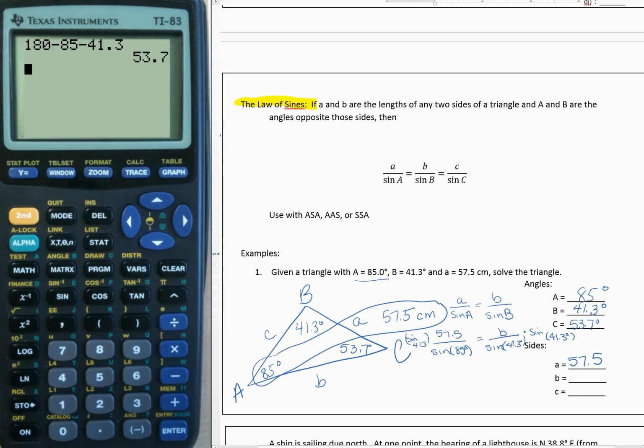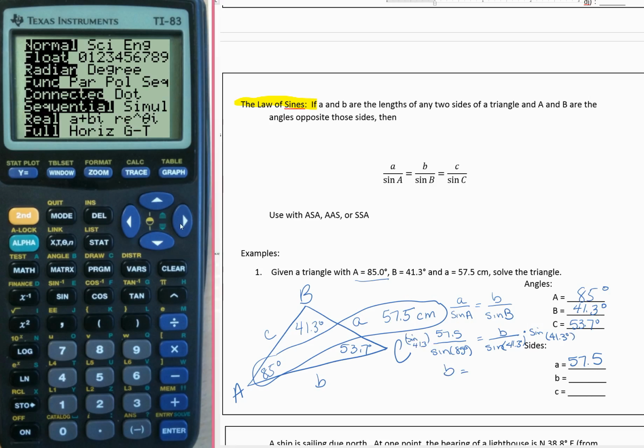So in our calculator, to find b, make sure you are in degrees. Okay, so we're in degrees. We're going to go back to the home screen.